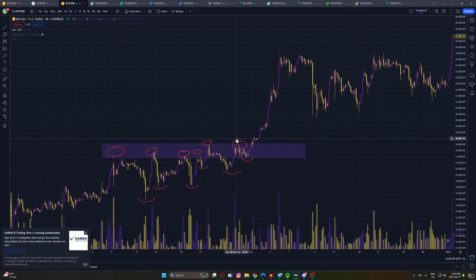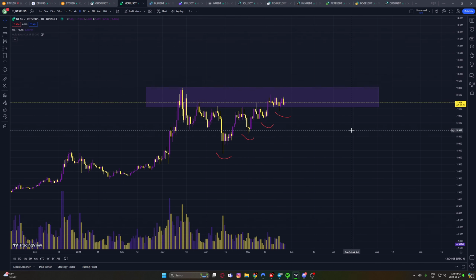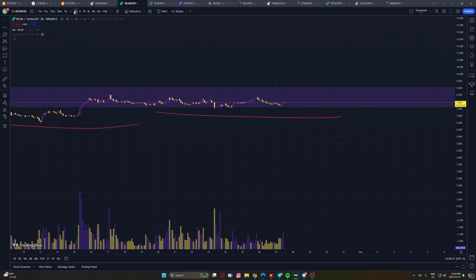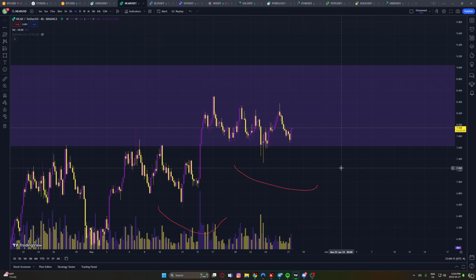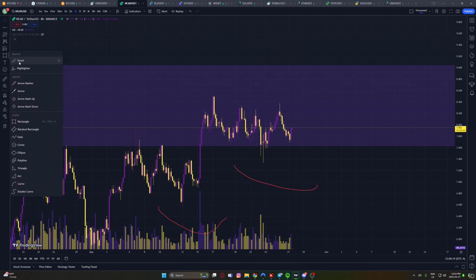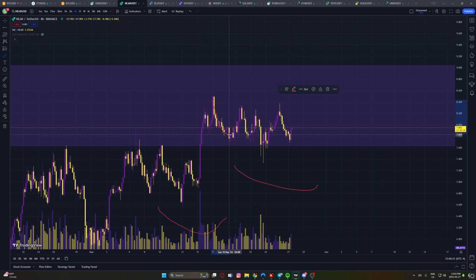Now, the next thing on Near, on top of that, I'll delete those later actually, is that the lower time frame charts look nice. With Near on the 4-hour time frame, we have a downtrend. But then what happens here?